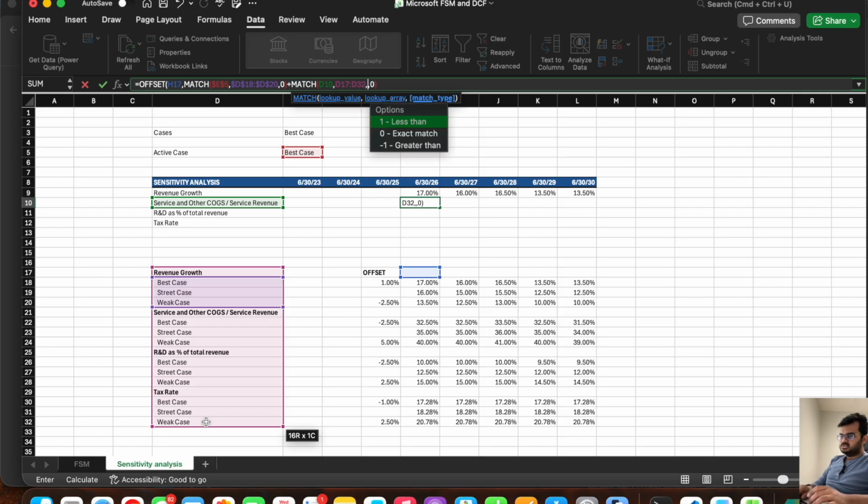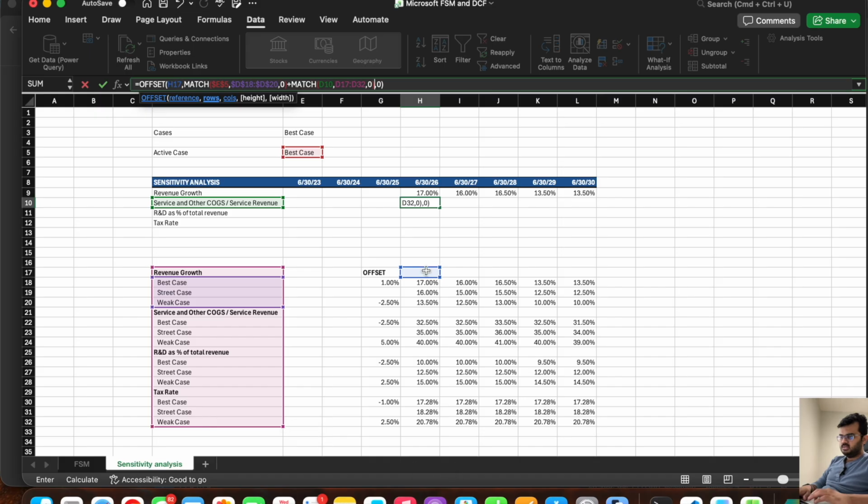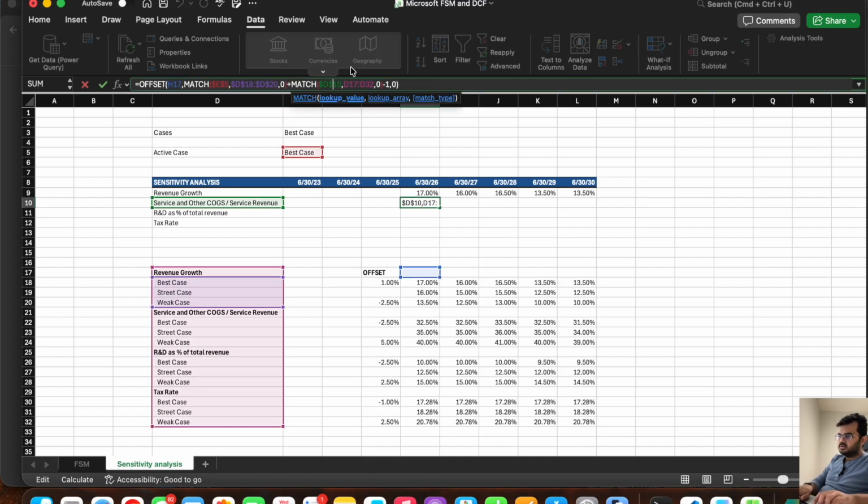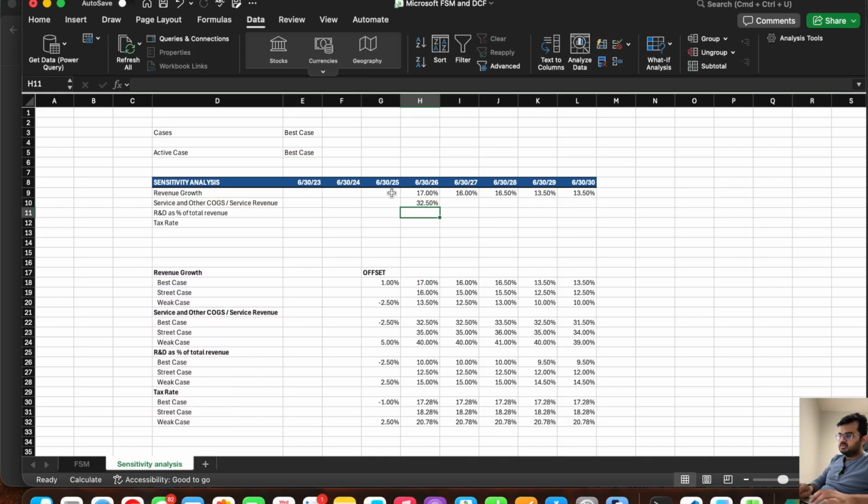Then I would use an exact match, and since we are using the reference here, I'm going to add a -1. Let's do one more thing here to be very clear. I want to anchor these because if I just pull this for the next row, it might spill over.